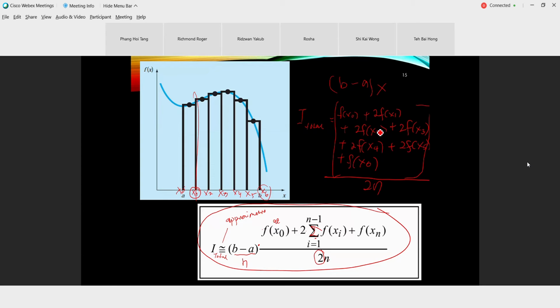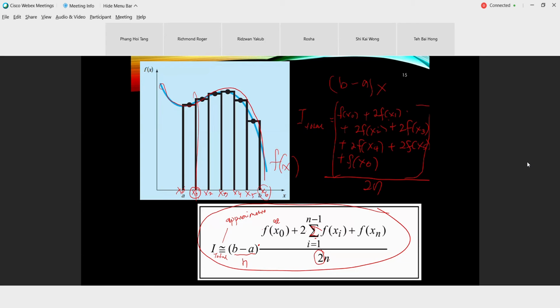So this is in specific x1, x2, x3, x4, x5. So what is the function? The function is this line, f(x).